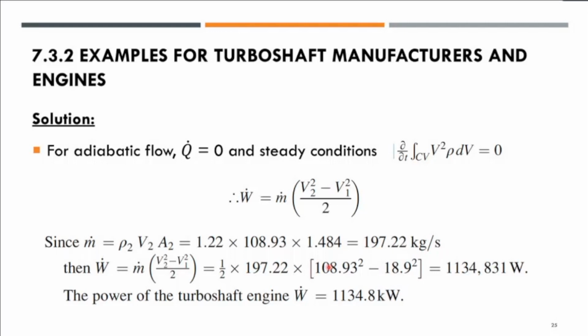The work flow for the system is then calculated as 1134.831 kilowatts. That is basically the power of the turboshaft engine, W dot, which is what we already obtained down here.